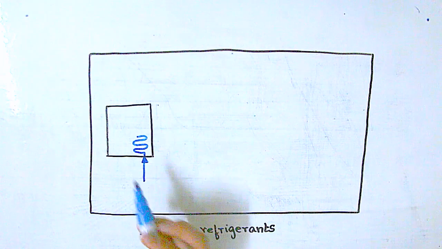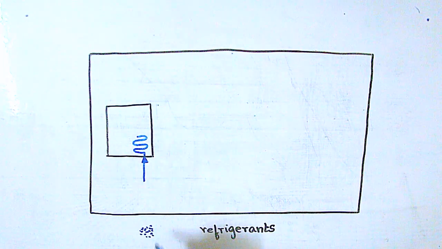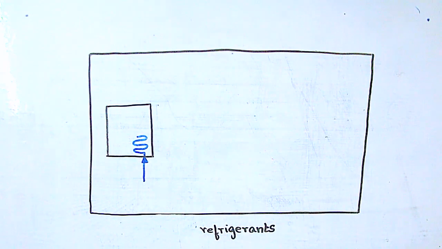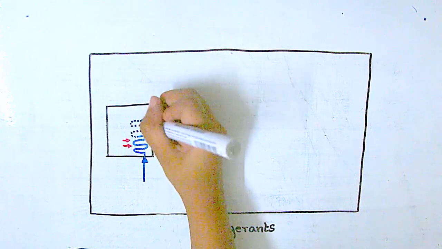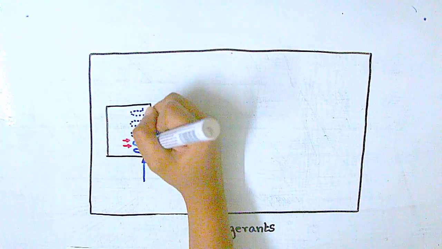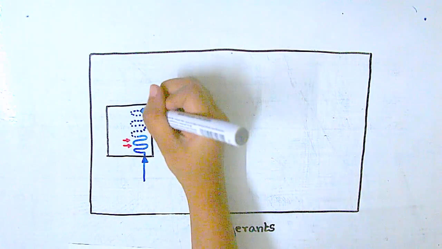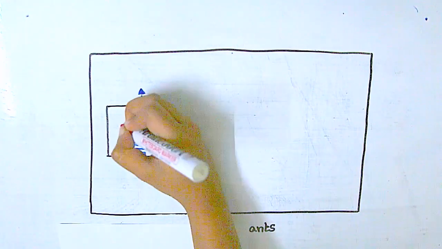But when you give some energy to it, when it collects all the heat that is inside this box, it gets a lot of energy and now it's free to move around. So it kind of spaces out, and what was liquid now becomes a gas. So by picking up the heat in this room, the refrigerant vaporizes, it evaporates. So it enters as liquid that is really cold. It takes up heat and it evaporates and leaves in vapor condition.